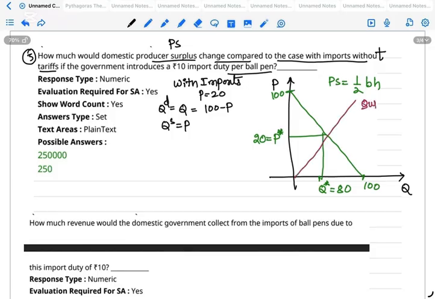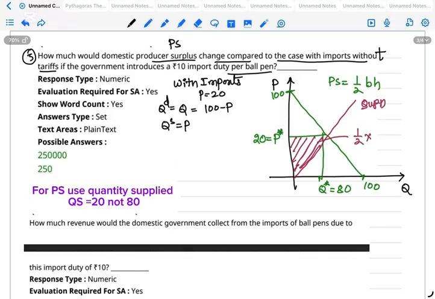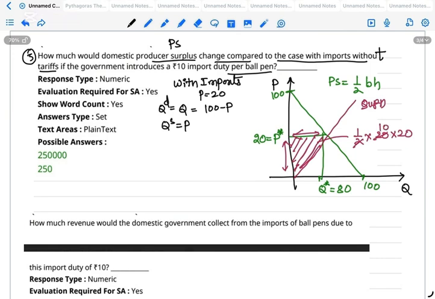This one is the supply function, and this area is the producer surplus. Half times base equals 20, and this value is also 20, that equals 200.